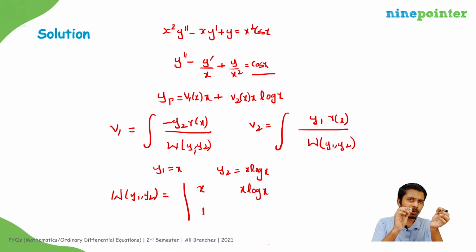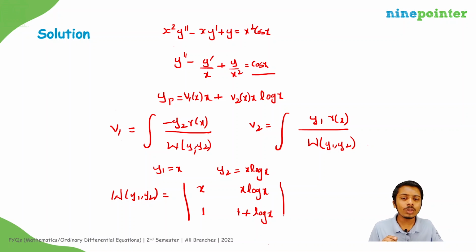So first function into derivative of second, which means x into derivative of log x, 1 by x. So I will have x into 1 by x, that is 1, plus second function, log x, into derivative of first, which is simply 1. So I will have 1 plus log x. And you can evaluate this very easily: x into 1 plus log x minus 1 into x log x, which is simply x. So I got the Wronskian to be simply x.